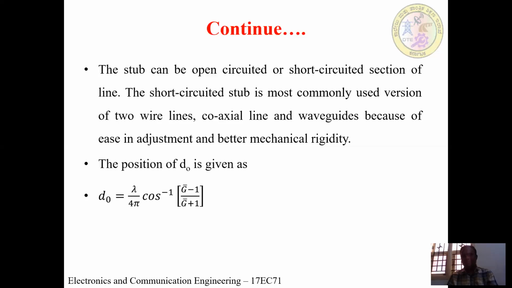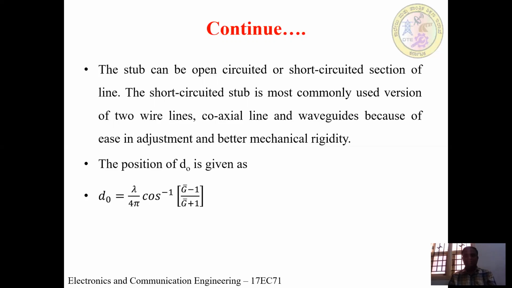The stub can be open circuit or short circuit. As I showed, reactance can be cancelled whether it is open circuit or short circuit, since both have some reactance depending on their nature. So it depends on us to choose open circuit or short circuit; using either, stub matching can be achieved.